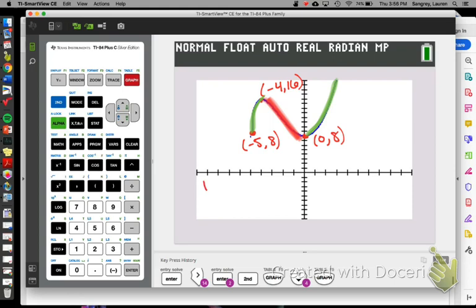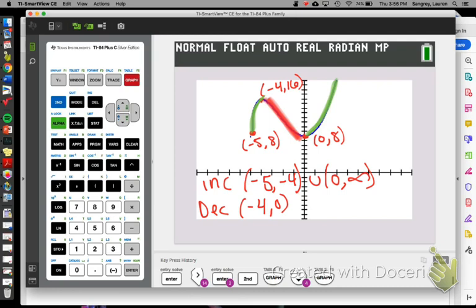So for our increasing, we increase from the x values of negative 5 to negative 4, and then also the x values of 0 to infinity. Decreasing is only from x values negative 4 to 0.